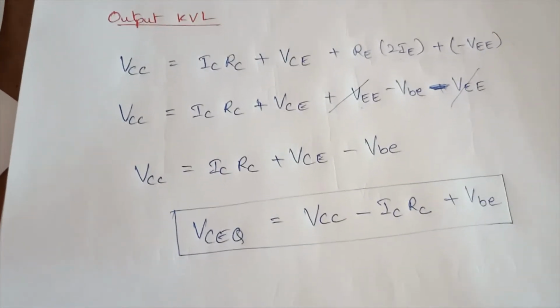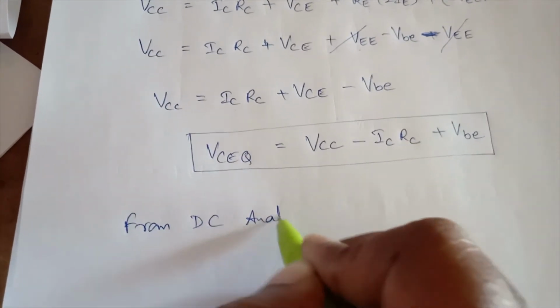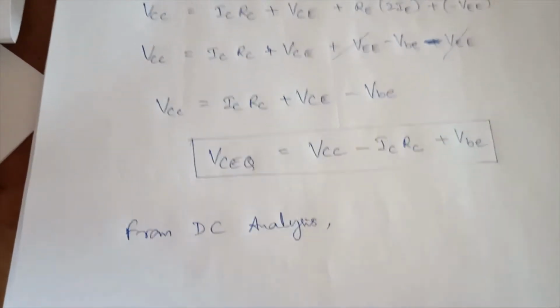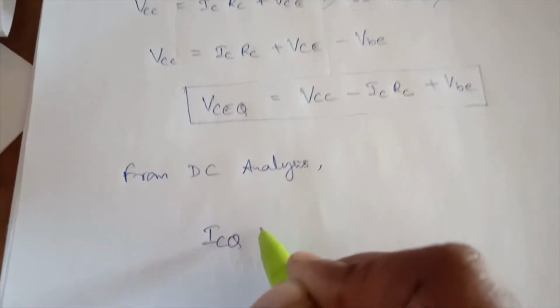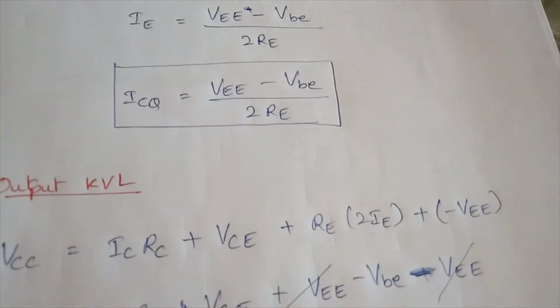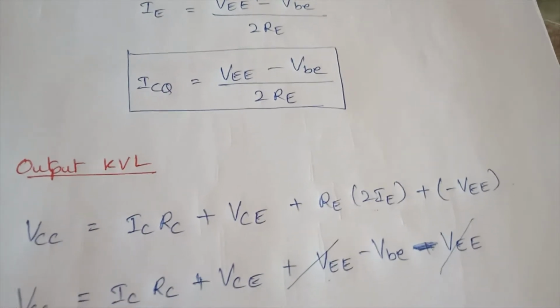So from DC analysis we are finding the operating point, that is ICQ. What is ICQ? We are getting ICQ is VEE minus VBE by 2RE.